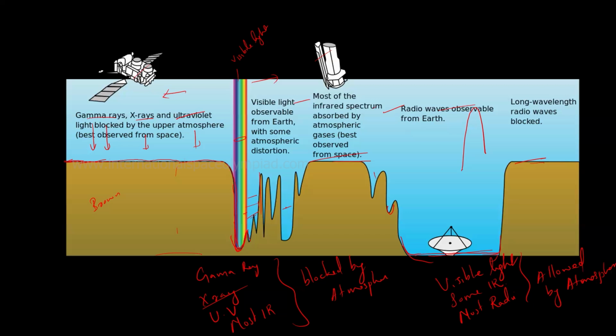Okay, so this is the main reason why we have to send telescopes to space. For visible light, there are many other advantages as well that I will discuss later. But if you want to make a gamma ray telescope or X-ray telescope or a UV telescope, or an infrared telescope like the James Webb Space Telescope, you cannot keep it on the surface of Earth and observe whatever object you need.